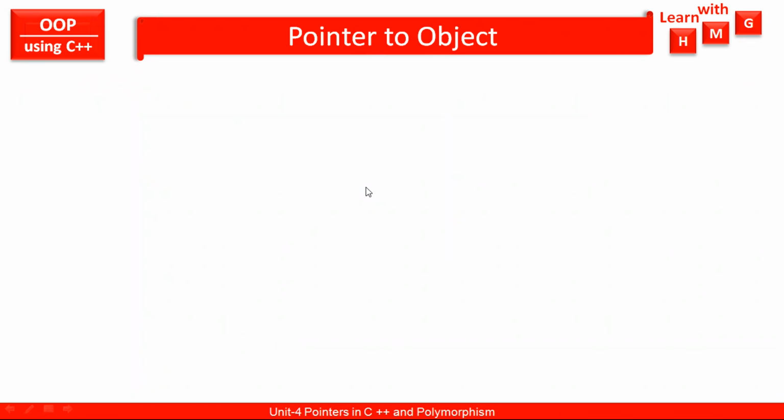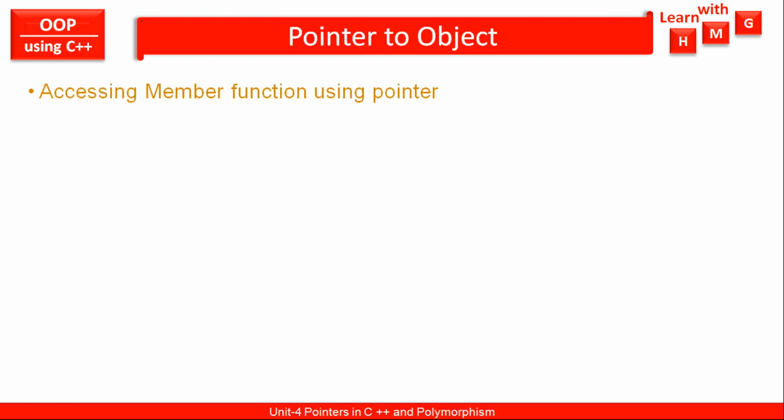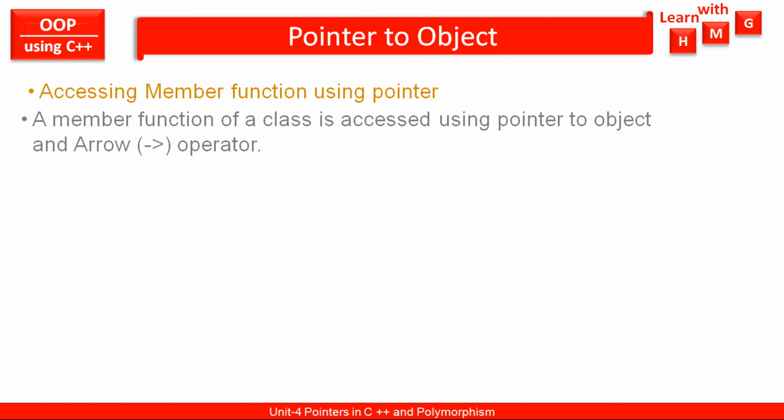Now let us see how to use pointer to access the member function of a class. Accessing member function using pointer to object. A member function of a class is accessed using pointer to object and arrow operator. So in order to access or call the member function of a class, you require a pointer to object and the new operator, that is known as arrow operator.